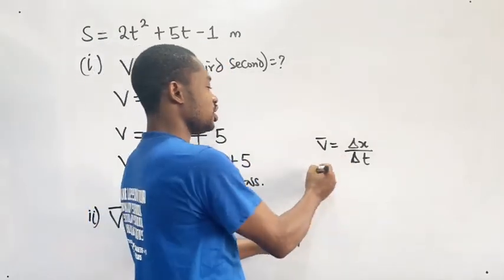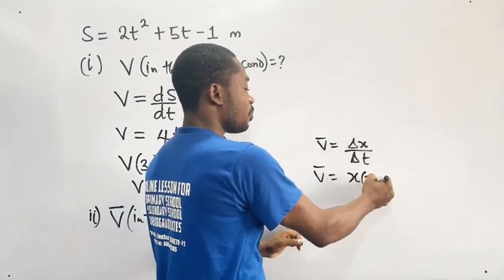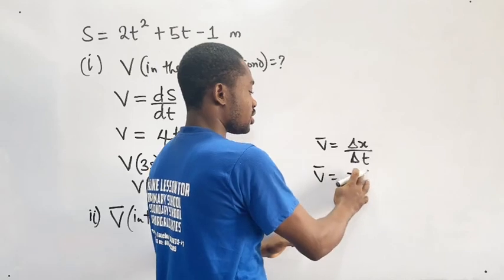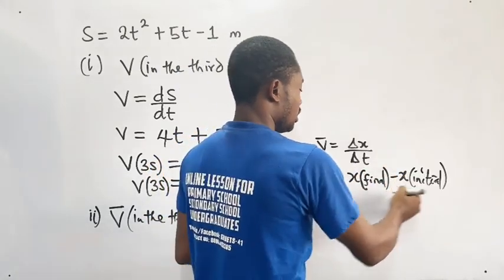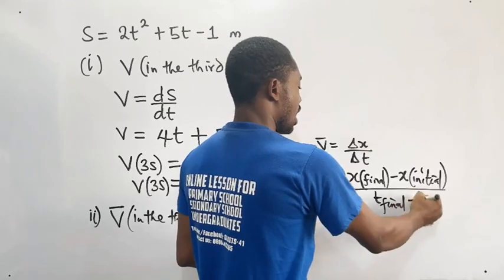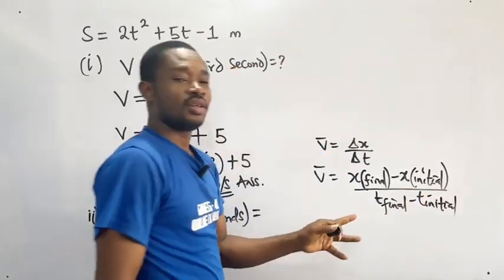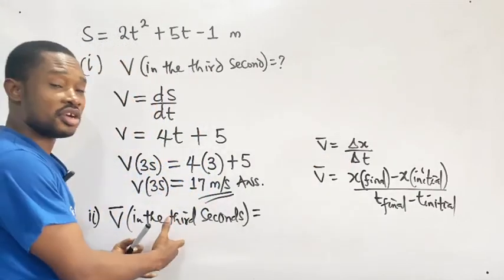And when we have this change here, what it simply means is that we are to calculate the final position. Okay, so let us say X final minus X initial, and then divided by time final minus time initial. That's the meaning of this formula. So we are going to apply it here.